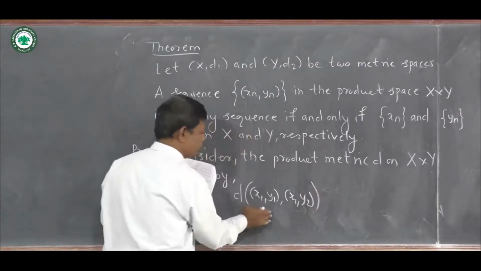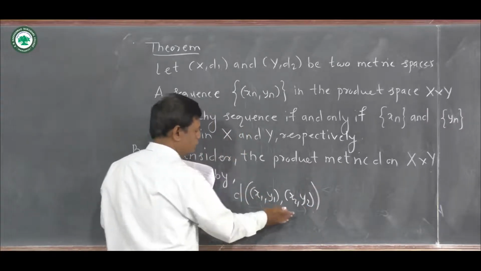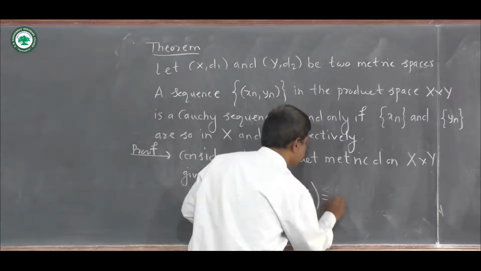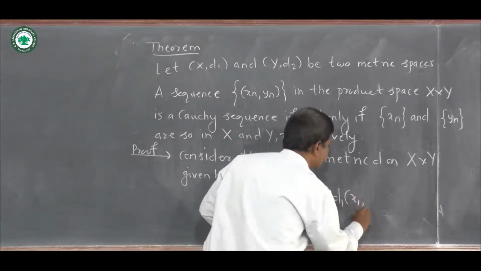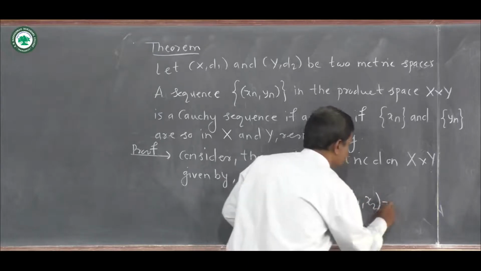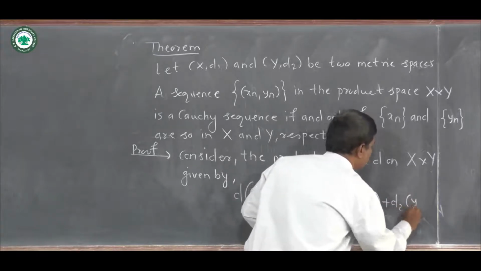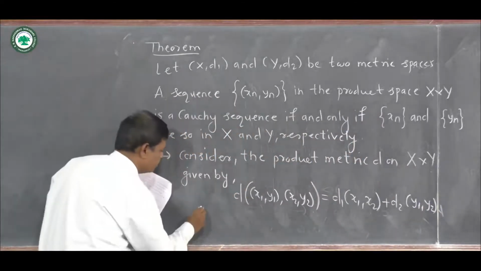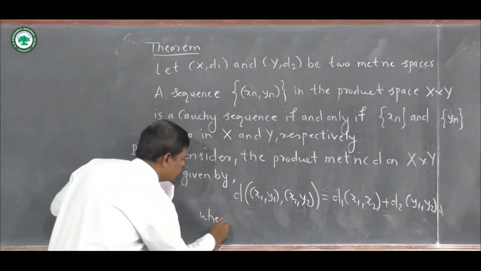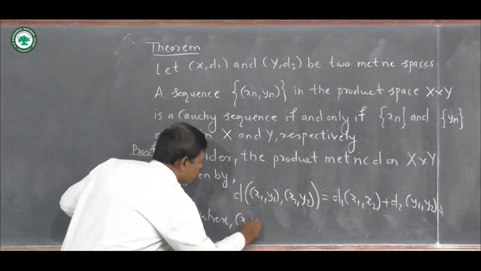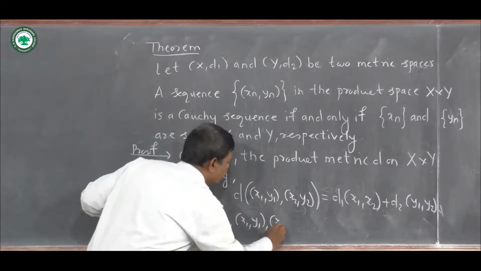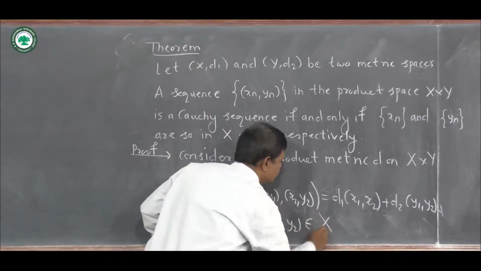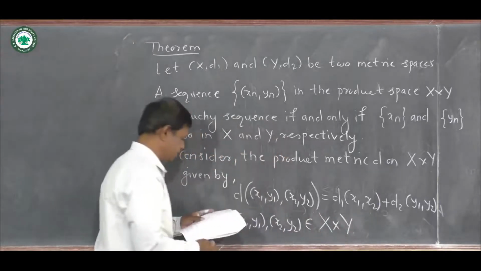These are two ordered pairs, where (x1, y1) is the first ordered pair and the second ordered pair is (x2, y2). It is equal to d1 of (x1, x2) plus d2 of (y1, y2), where the ordered pairs (x1, y1) and (x2, y2) belong to X cross Y.